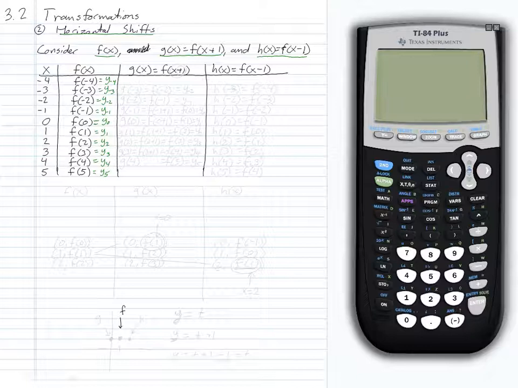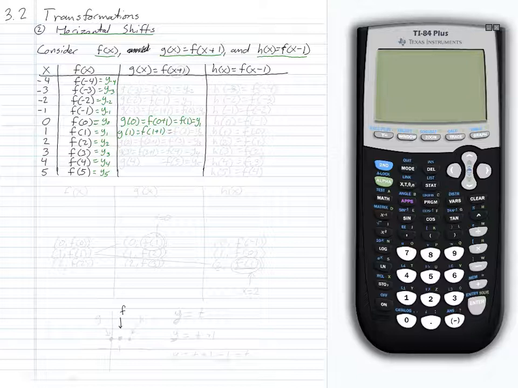So we'll start with 0. If I plug 0 into this new function, g of 0 would be f of 0 plus 1, in other words, f of 1. If we do the same thing with 1, g of 1 is identical to f of 1 plus 1.